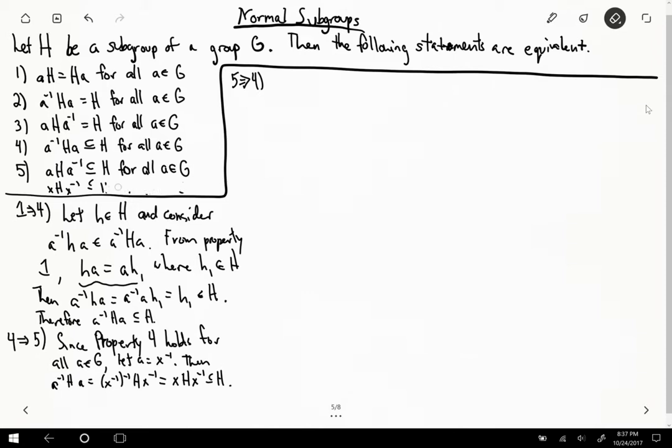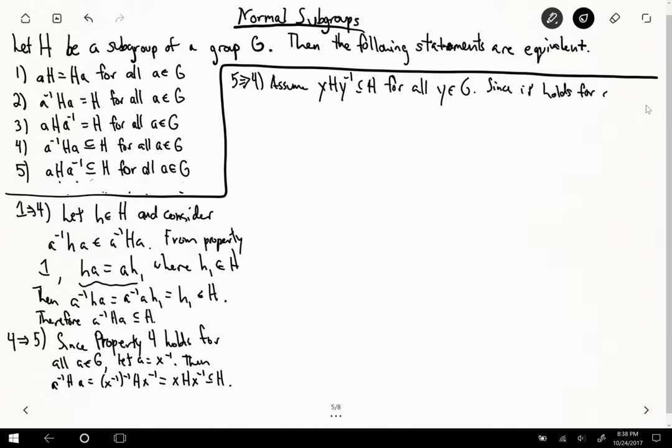So in this case, we're going to assume, just to make it easy, Y H Y inverse is contained in H for all Y in G. Since it holds for all Y, let Y equal A inverse this time around.